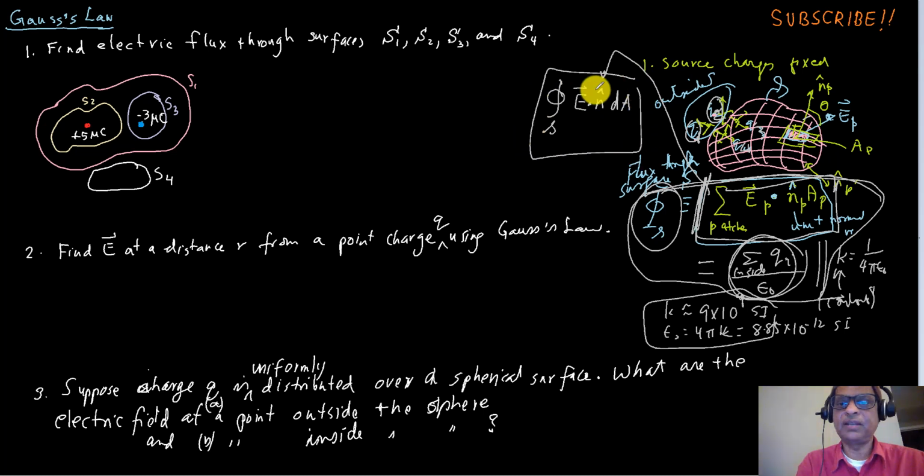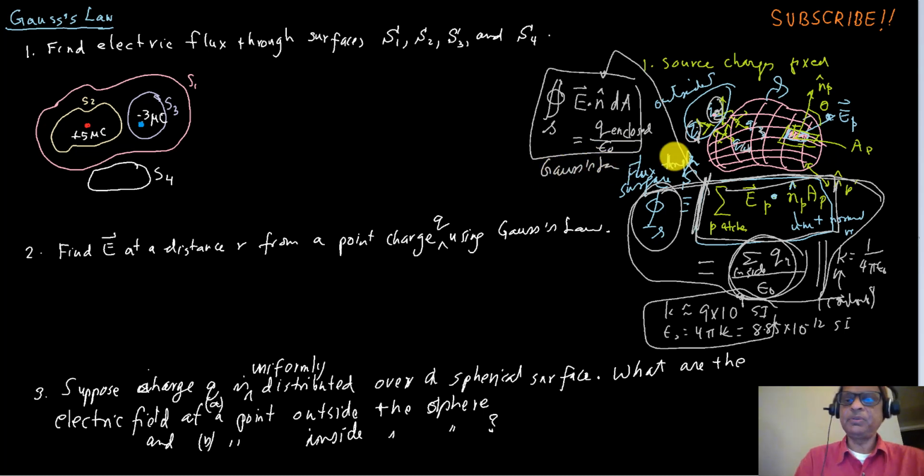You can write it like this, or you can use a double integral sign to remind yourself that this is a surface. And so the right side will be equal to Q enclosed, these are inside, enc for enclosed, over epsilon naught. That's Gauss's law.